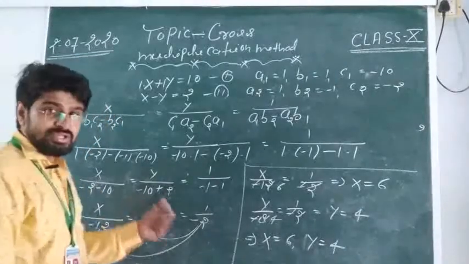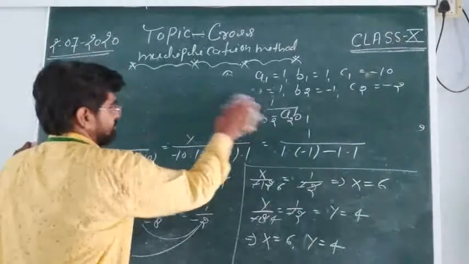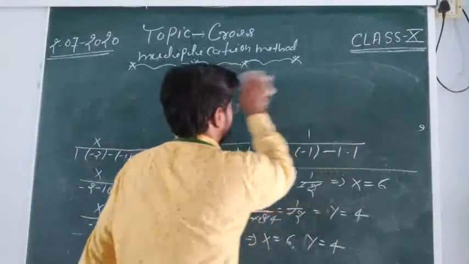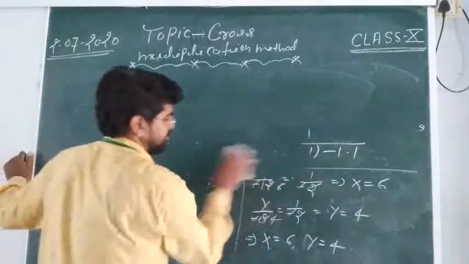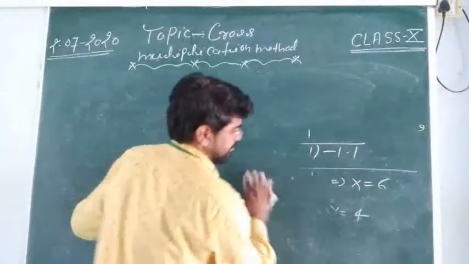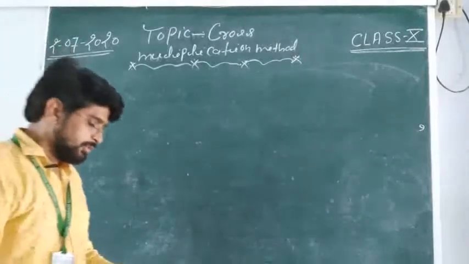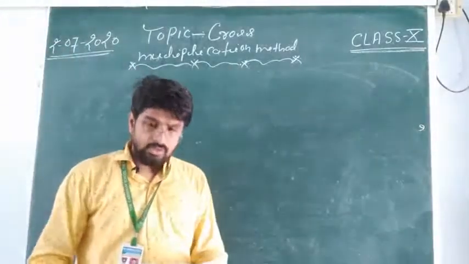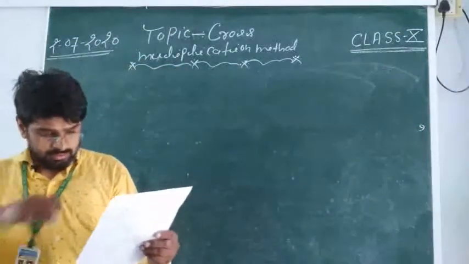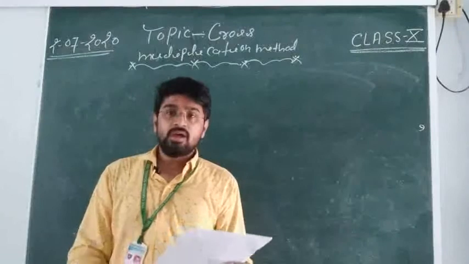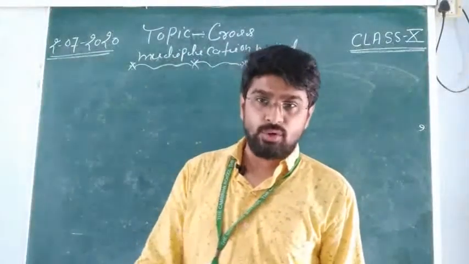Now I am going to start exercise 3.5. Students, the question is containing 4 parts, and the question is saying that firstly check whether it contains a unique solution or not.